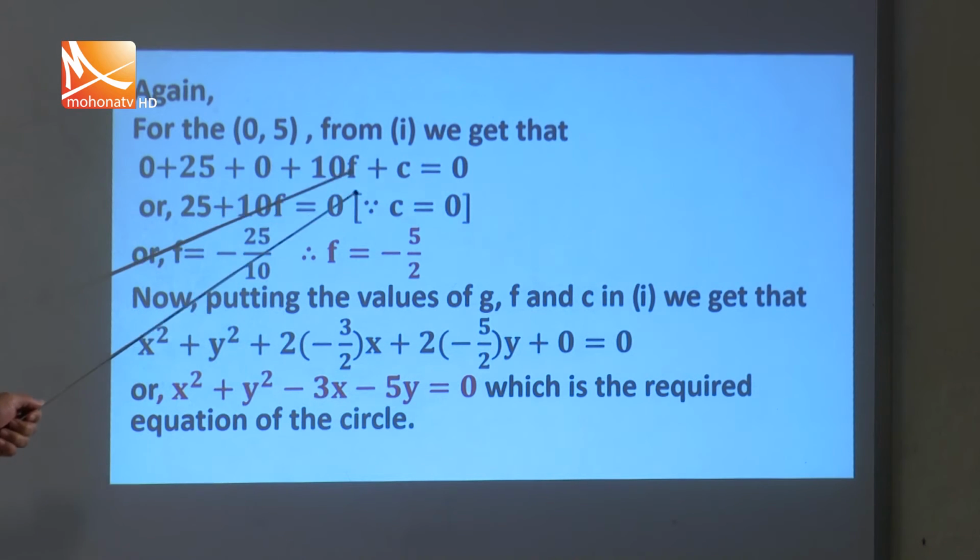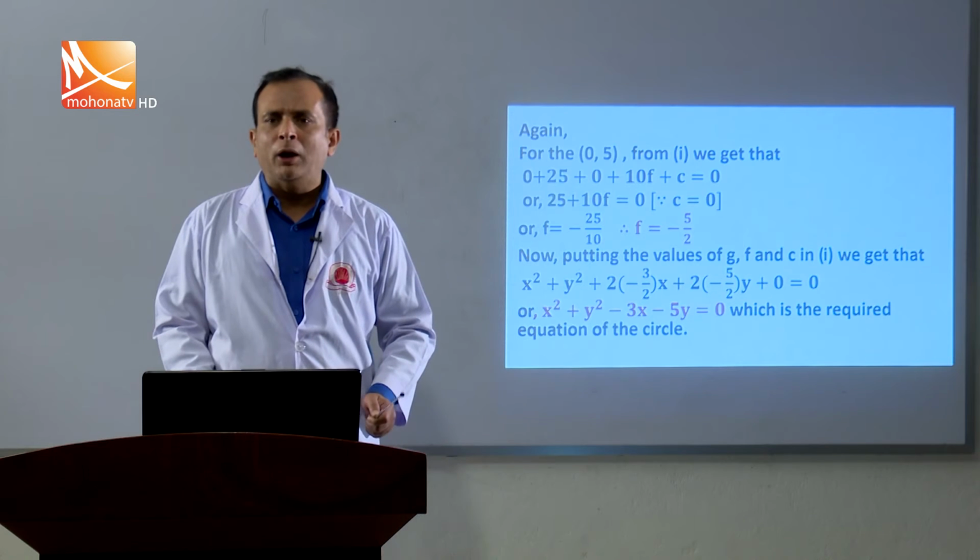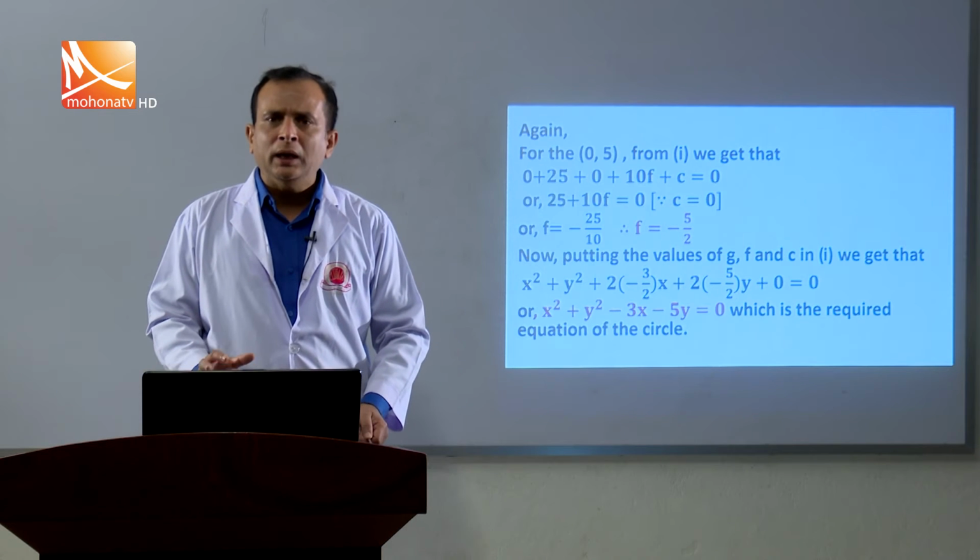Since c equals 0, we get 25 plus 10f equals 0. Therefore, f equals minus 25 by 10. As before, if we express it in the lowest form, then we get the value of f as minus 5 by 2.